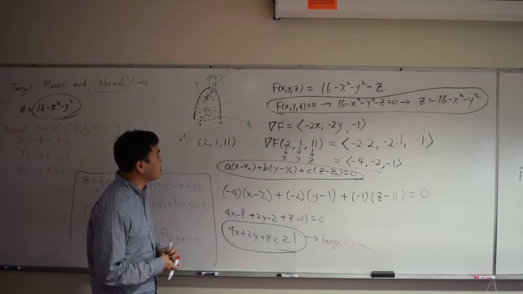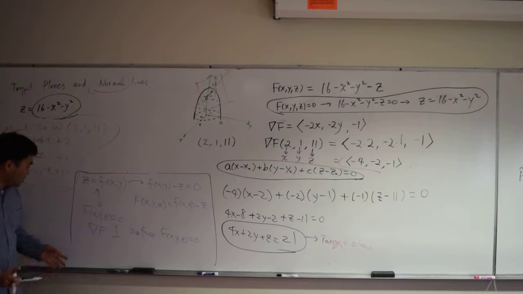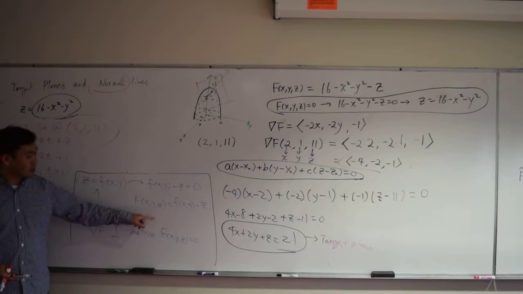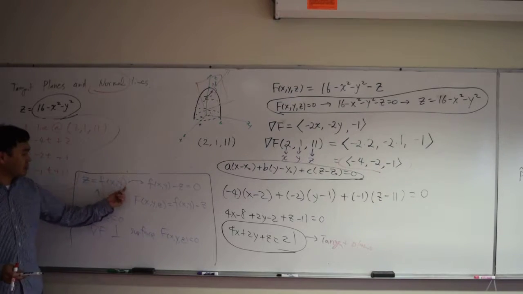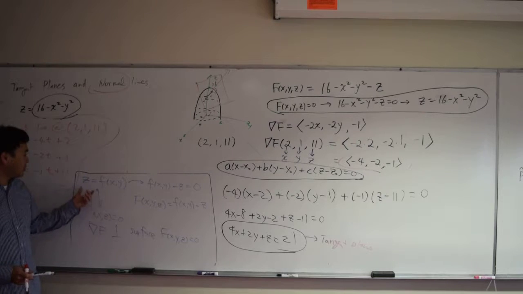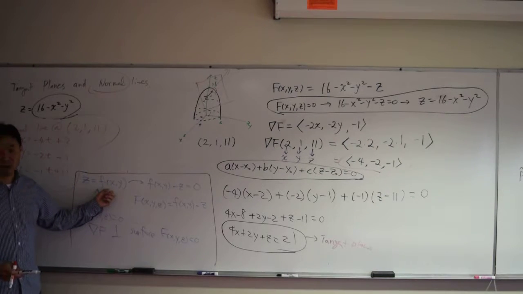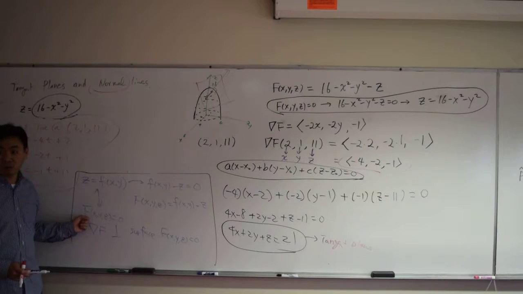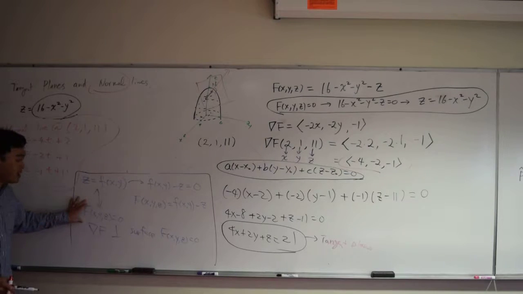In both cases, the important tool is to define this new function of 3 variables as the function minus z, so that the given surface that you want to work with is represented as a level surface of some 3 variable function. That's the important idea. If you understood that idea, then everything is very easy.